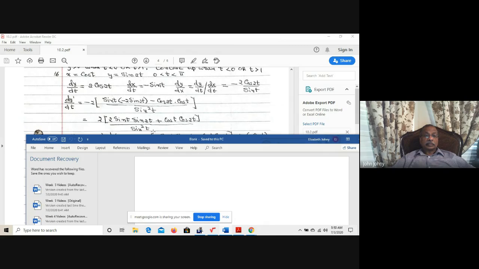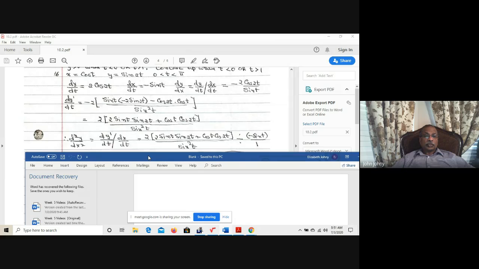That is 2 times, because there is already a negative 2 here, you distribute just the negative sign alone. So 2 times (2 sine t sine 2t plus cos t cos 2t) divided by sine squared t, because both the terms are negatives.